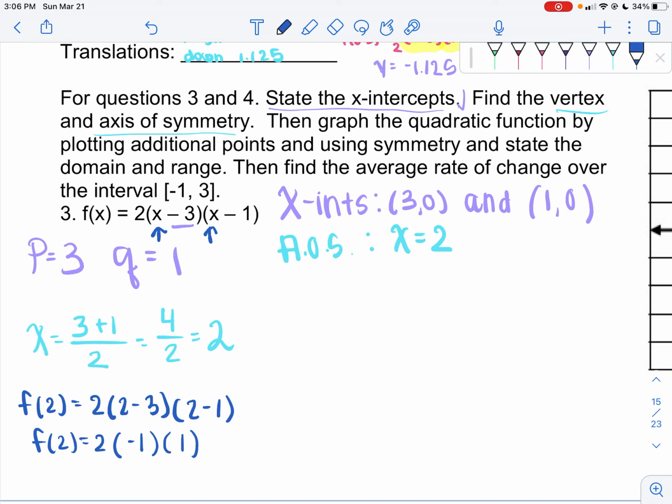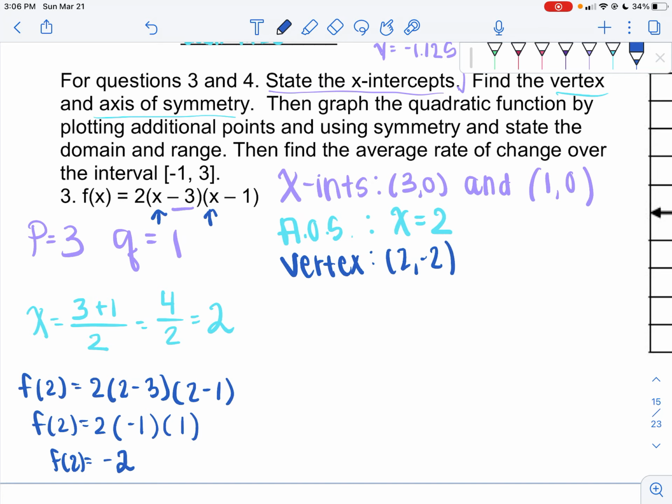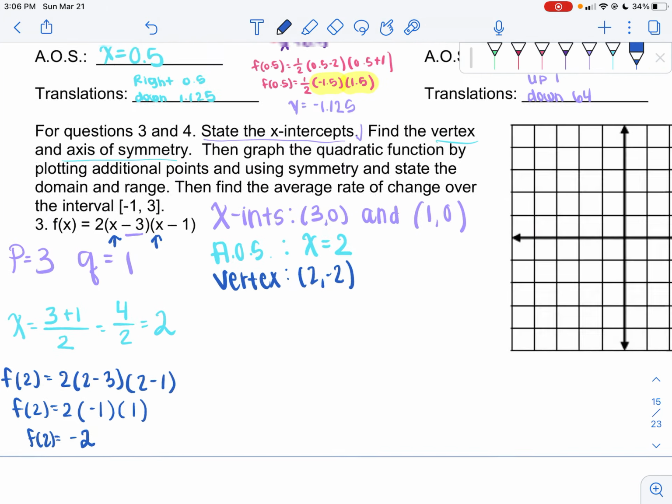So self-check, make sure inside those parentheses you have the same numbers with opposite signs, and then you can just multiply those 3 numbers together. So f of 2 equals 2 times negative 1, which is negative 2, times positive 1 is negative 2. So our vertex is (2, -2).